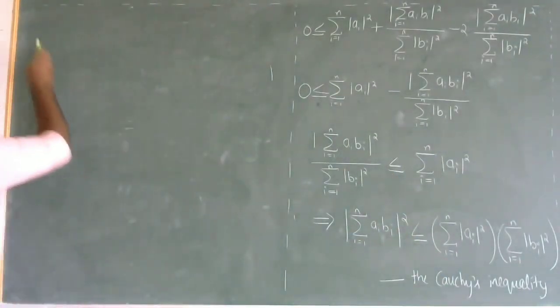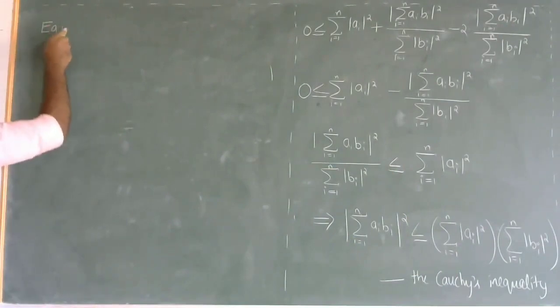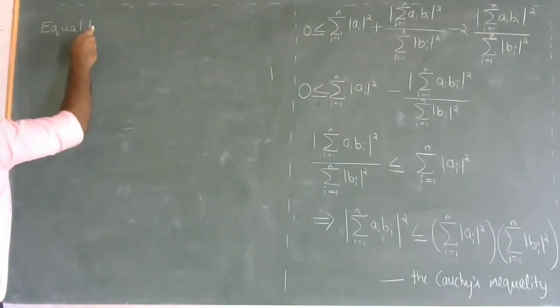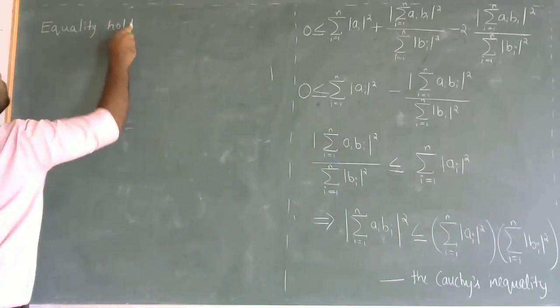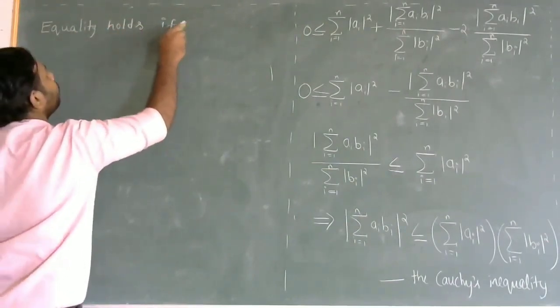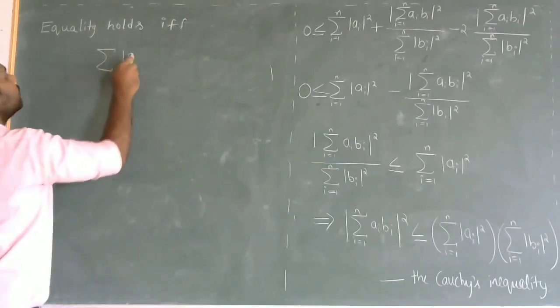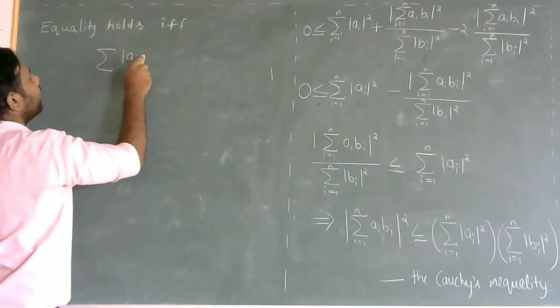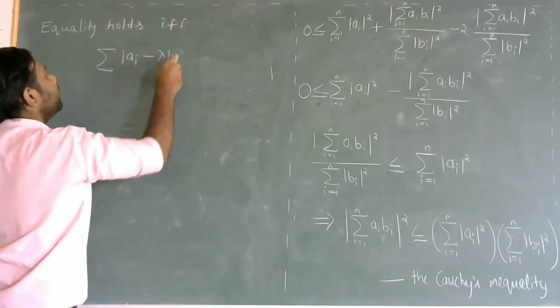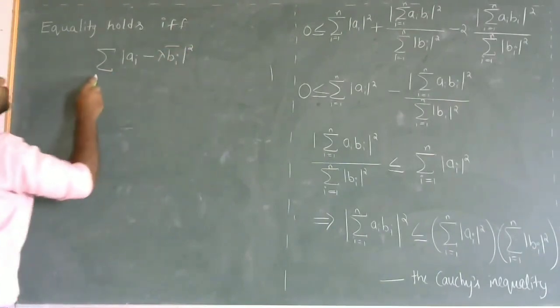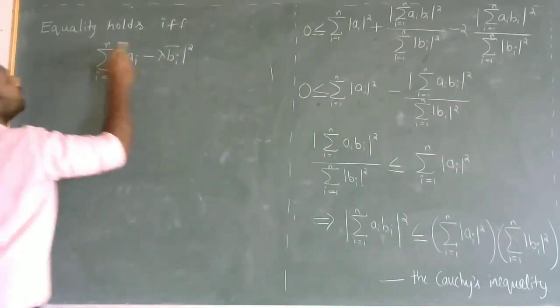So the necessary and sufficient condition here is, equality holds if and only if the number which we started with, that is summation modulus of ai minus lambda bi bar square, is 0.